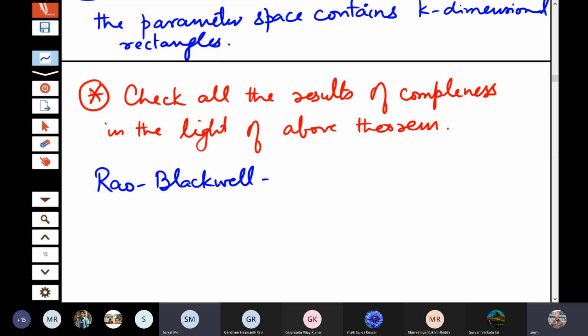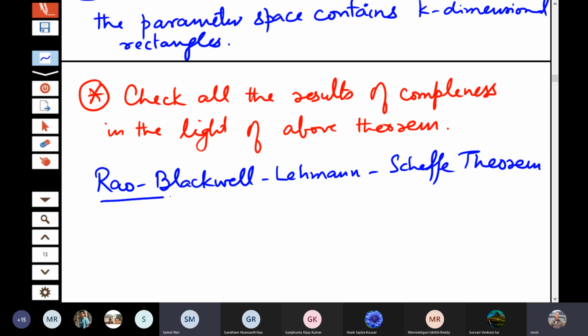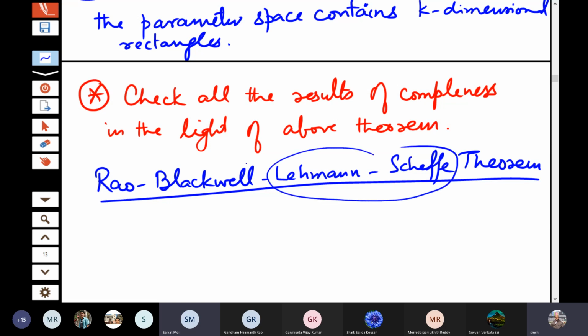Earlier we have done the Rao-Blackwell theorem. Now we add Lehmann-Scheffé here, so I am just calling it the Rao-Blackwell-Lehmann-Scheffé theorem. Basically, the completeness part was discovered by Lehmann and Scheffé, and Rao and Blackwell used the sufficiency.